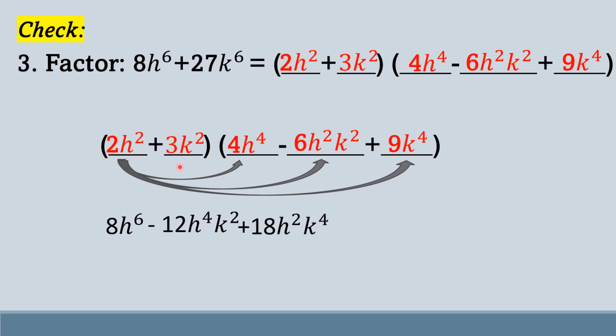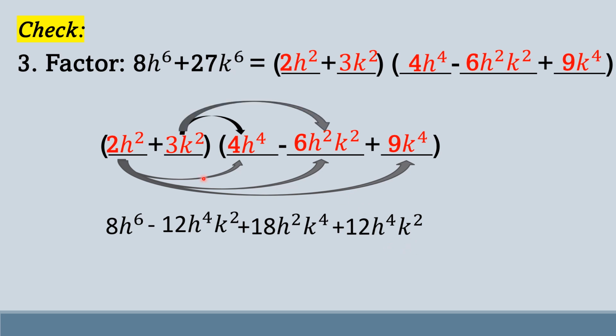Next, second term or last term of the first factor by each term again of the second factor. So we have 3k squared times 4h to the 4th power, which will give us 12h to the 4th power k squared.